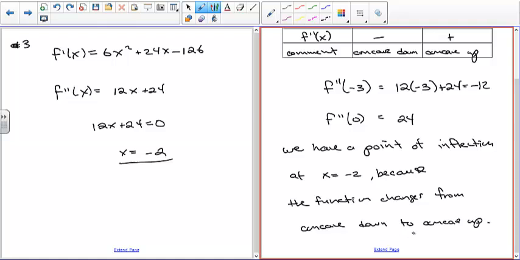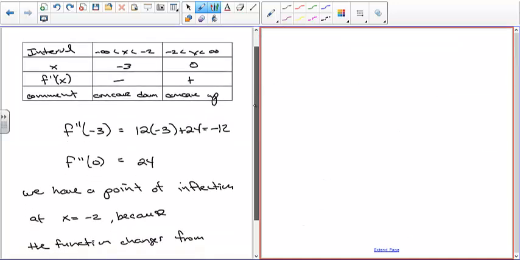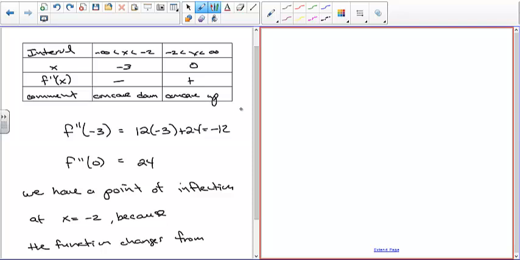Now it just has to change concavity, so it doesn't have to be up to down or down to up, it just has to be changed. Okay, so that's the question. Do we have a point of inflection? Yes. Why? Not because the second derivative is 0, but because we have a change in concavity.